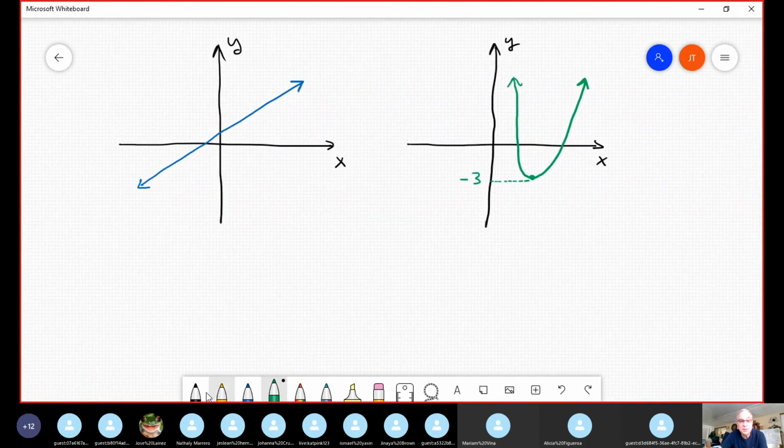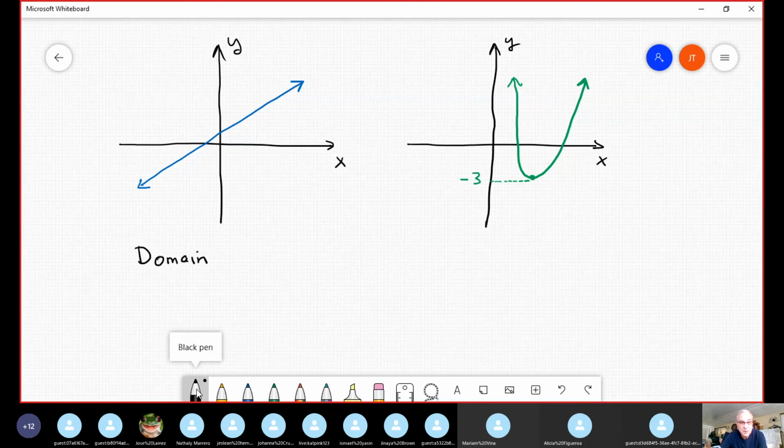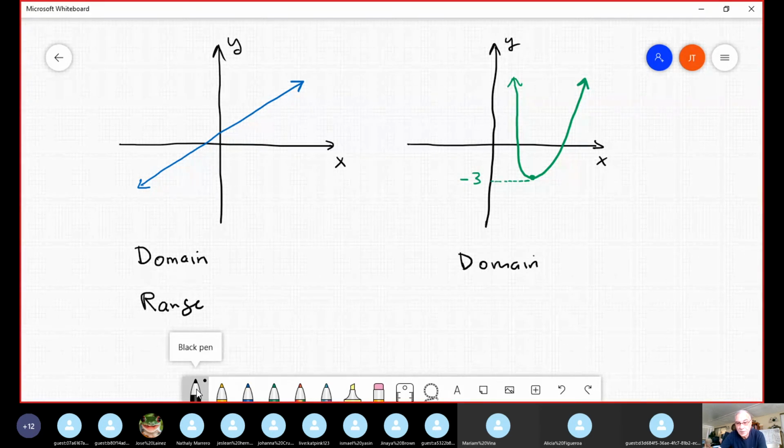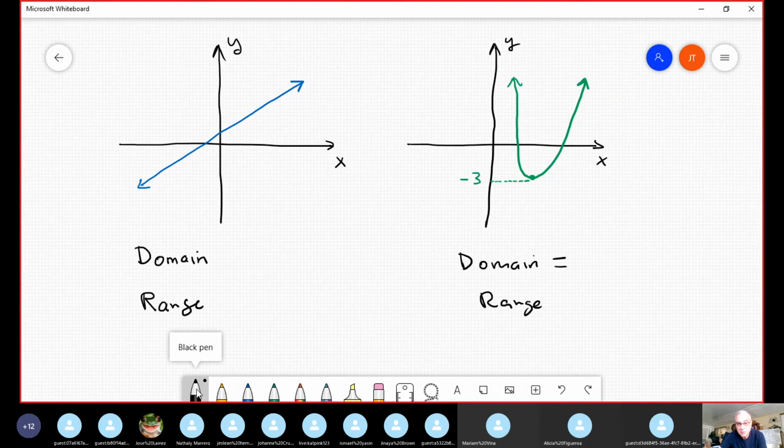It's a typical question in the test: determine the domain and range. This function I call f of x, and this function I call g of x.